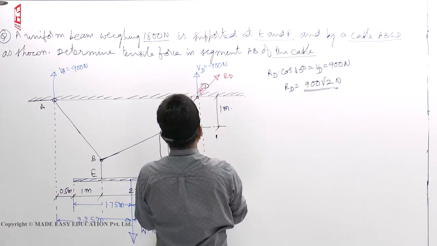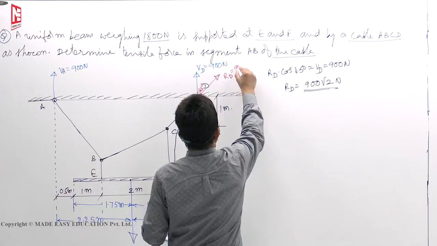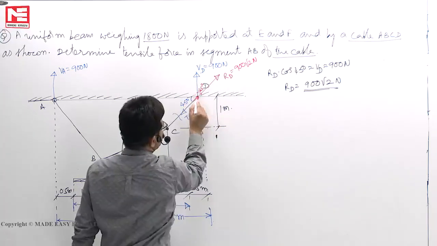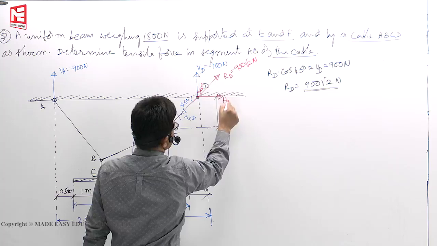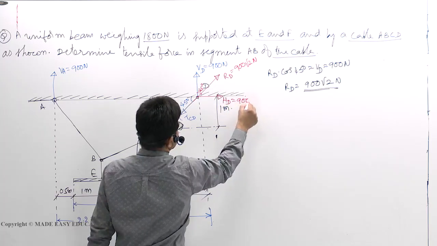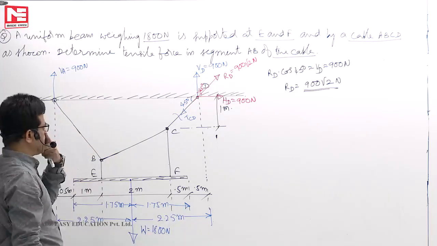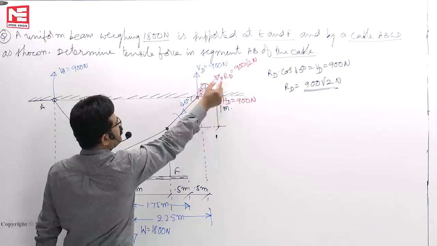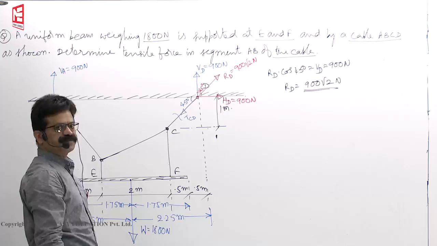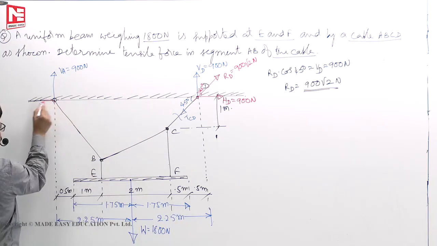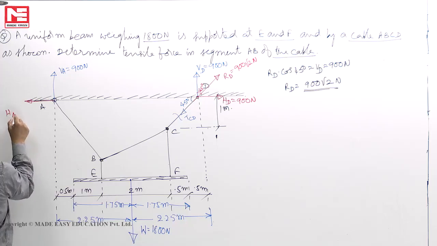So now the resultant reaction you will get here is 900 root 2 Newton. If RD is known, I can find HD. The x component of that must be 900 Newton. So 900, 900, resultant reaction is 900 root 2. Now from sigma x equal to 0, if HD is 900, what is HA? 900.